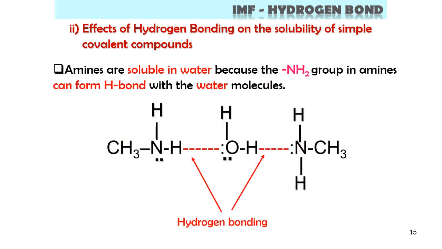Okay, so for amines, they are soluble in water because, as I showed just now, amine has a nitrogen atom. So if there is a nitrogen atom it means it can form hydrogen bond with a water molecule. So you can see the water molecule here can form hydrogen bond with amine. Therefore, it is said that amine is soluble in water.